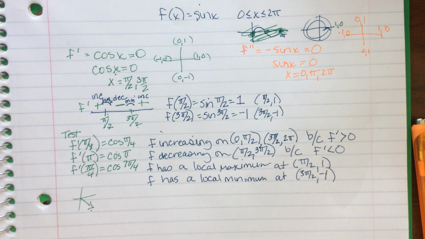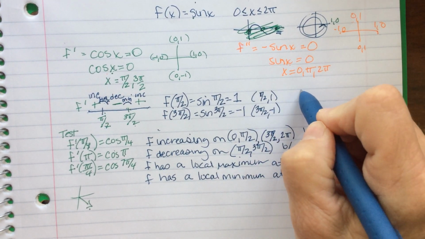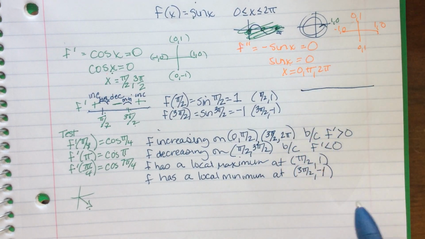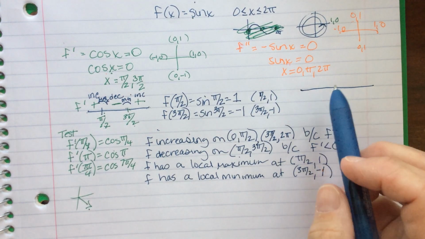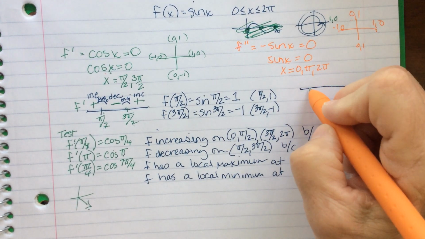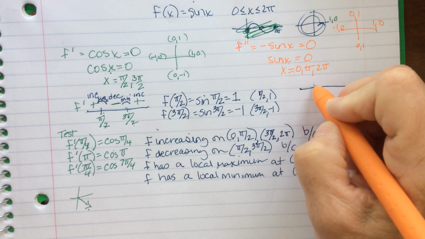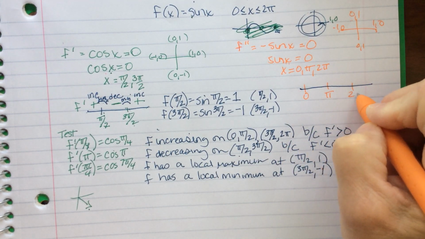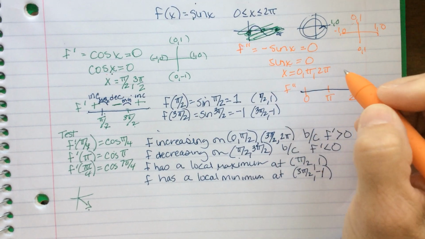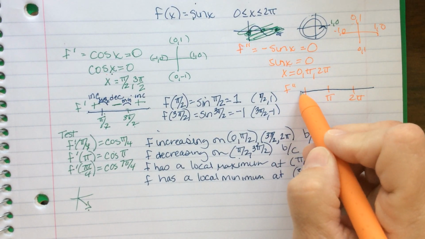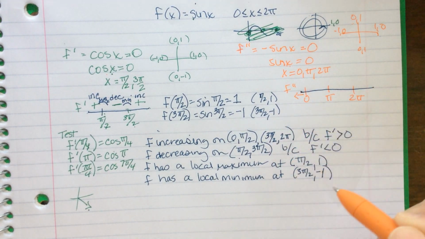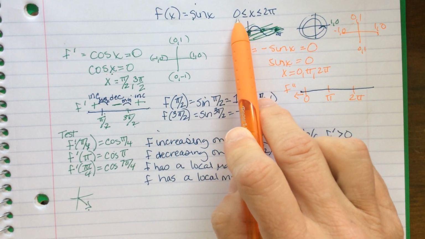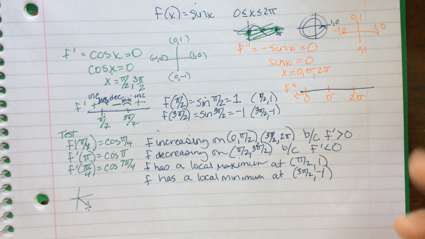So if I create my sine chart, then I will put 0, pi, and 2 pi. Now, I don't really need anything that's less than 0 because I only want to focus on the interval from 0 to 2 pi.